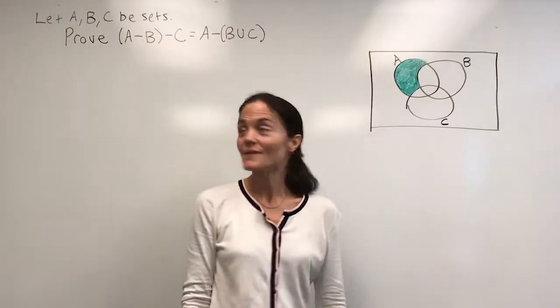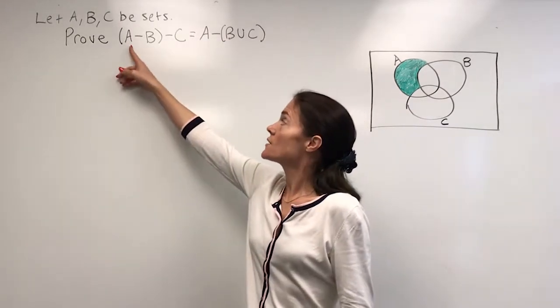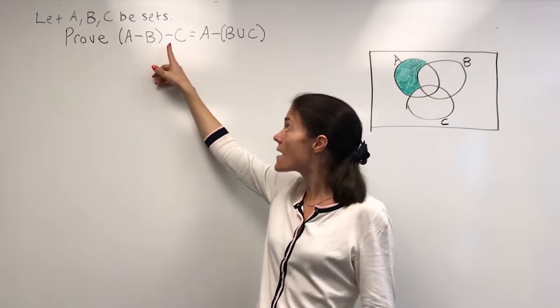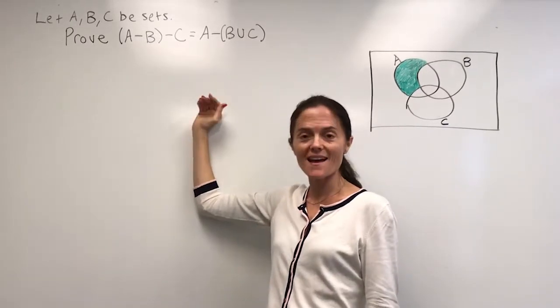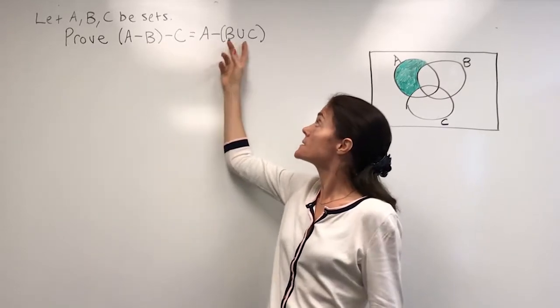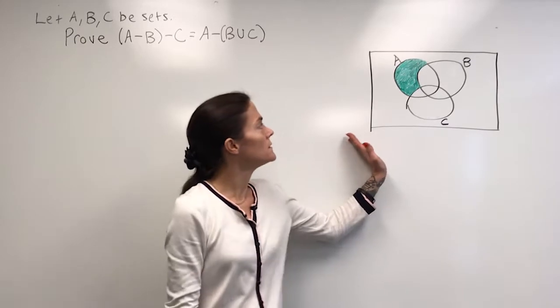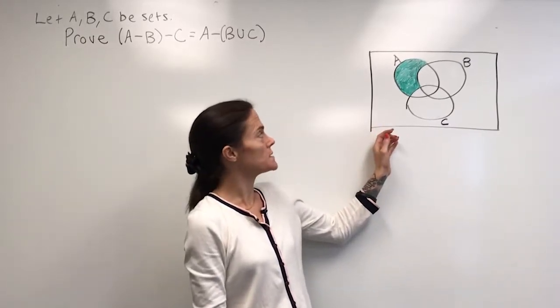I'd like to prove the following. If you have three sets, here you take A minus B, this is the set difference, and then A minus C, this is the same as A minus B union C. And if you do a Venn diagram for either one of them, you will get this picture.